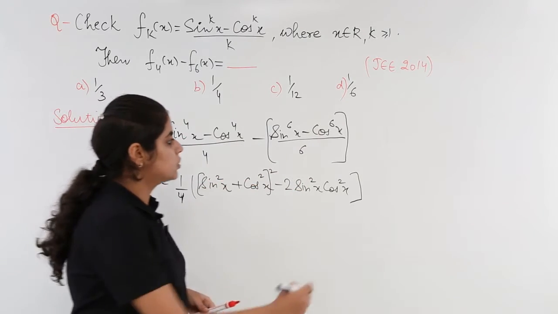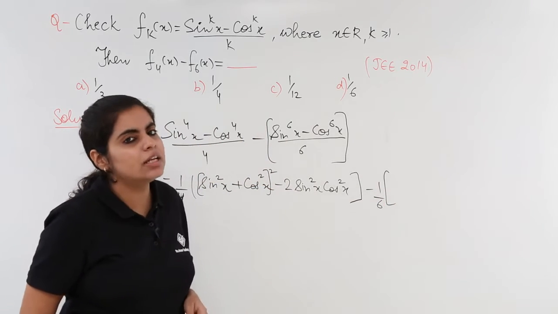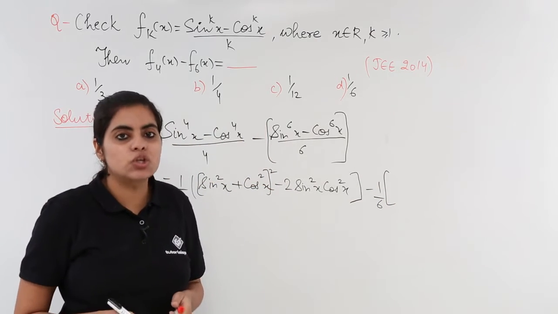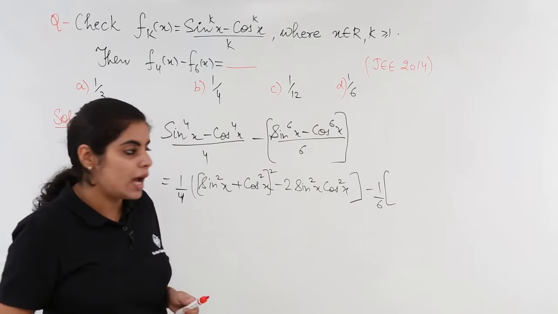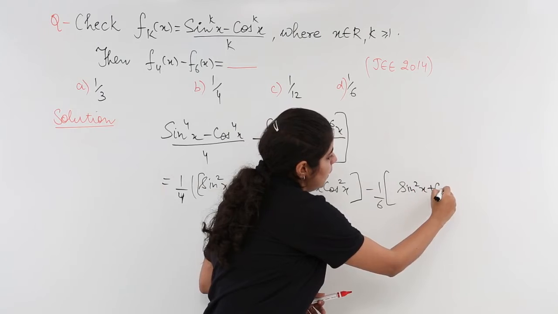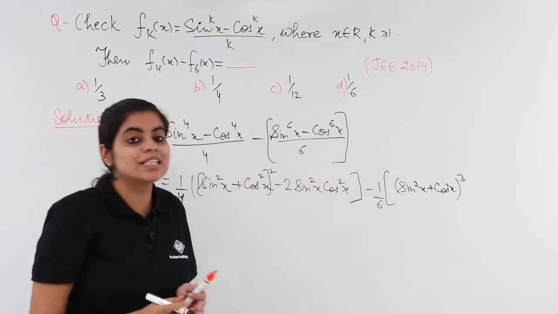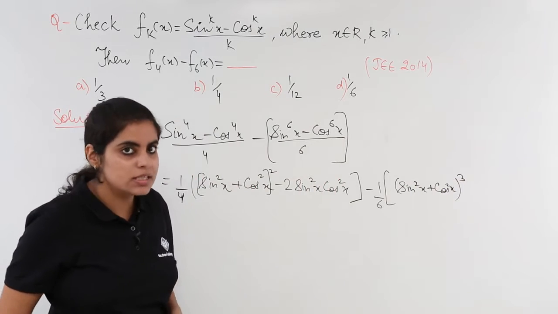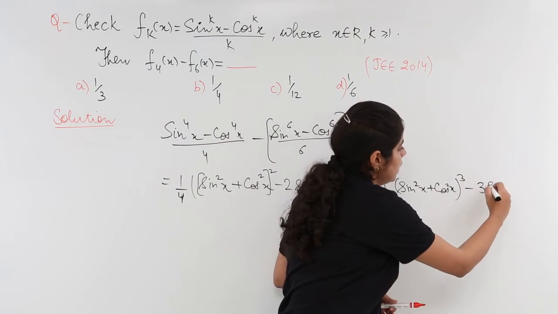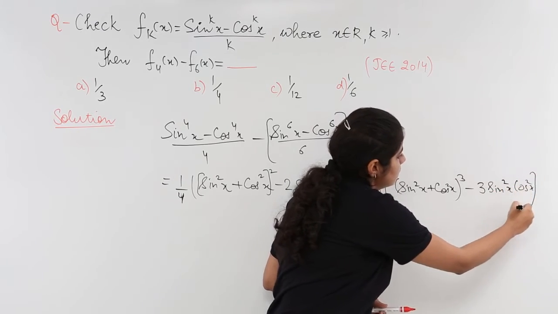Now simplify it, minus 1 by 6 becomes common. What is left? We are left with sin raised to the power 6x minus cos raised to the power 6x. What happens? We just open it the same way, (sin square x plus cos square x) whole cube because it is power 6, minus 3 sin square x cos square x.